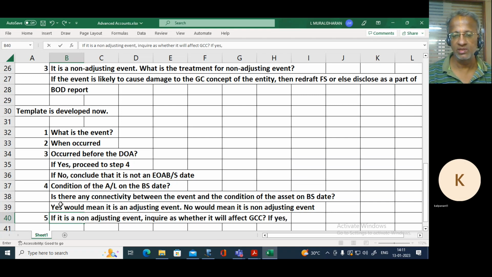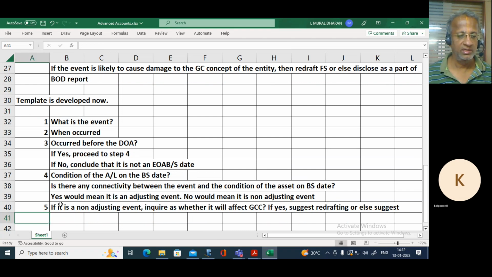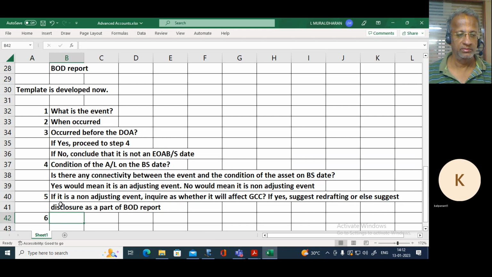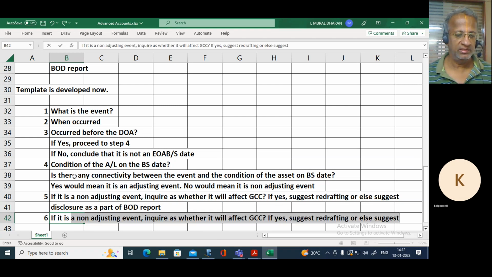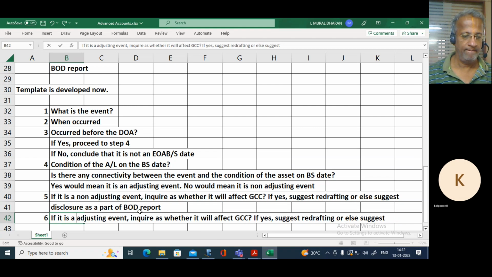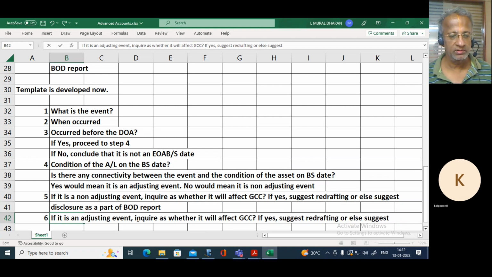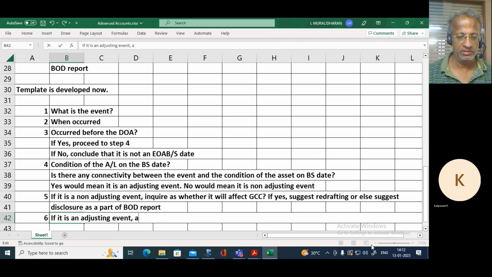If yes, suggest redrafting, or else suggest disclosure as a part of Board of Directors report. If it is an adjusting event, adjust in the books of account. Matter over.